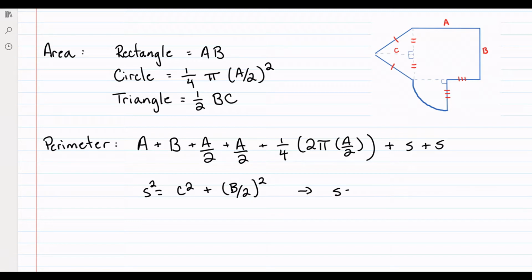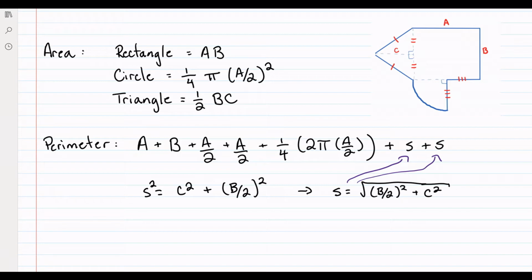So S is just the square root of (b over 2) squared plus c squared. I can just substitute that into my formula. So that's the formula for the perimeter.